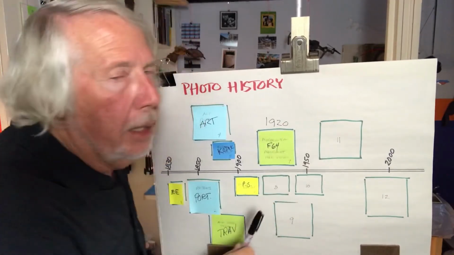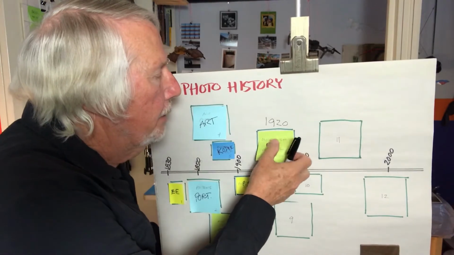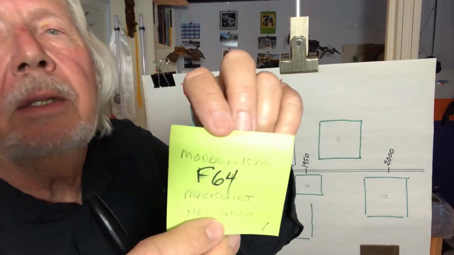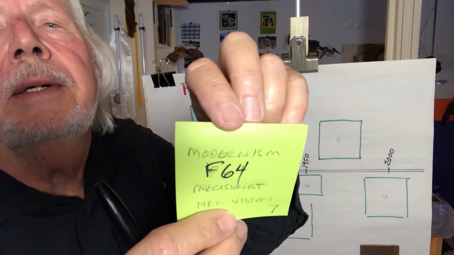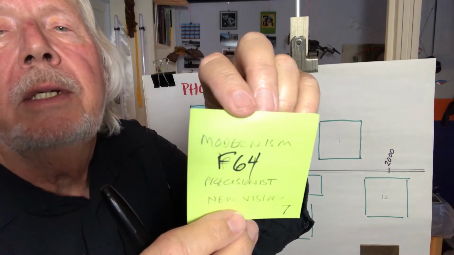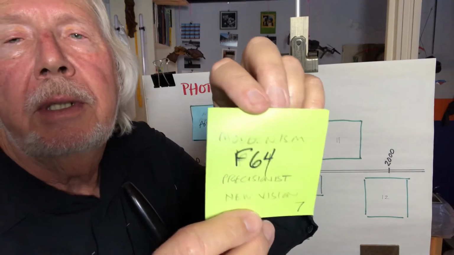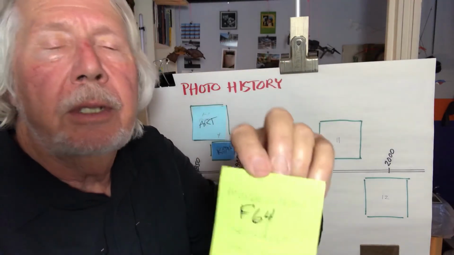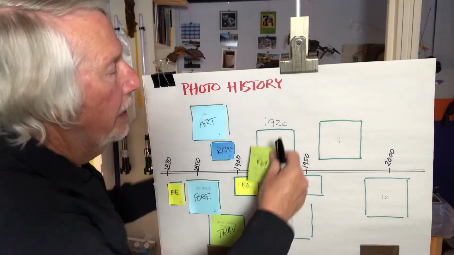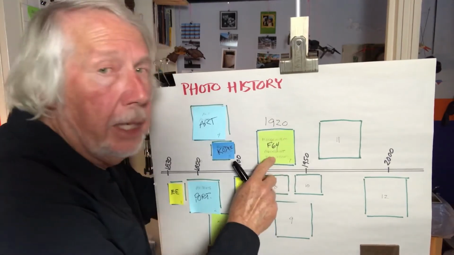I've just put down F64 here, but if I look carefully, there are other terms that are written on there, okay? Modernism is one, New Vision is another, Precisionist is another. So there's a revolt against soft focus photography, and now we're celebrating a sharp image again.